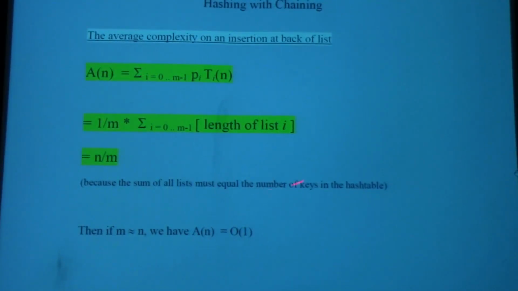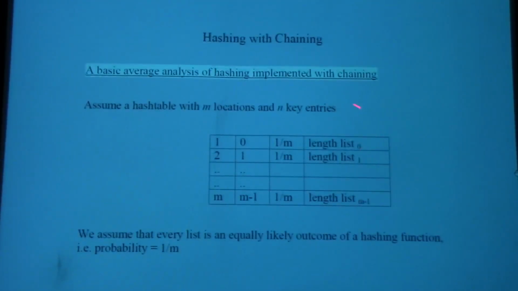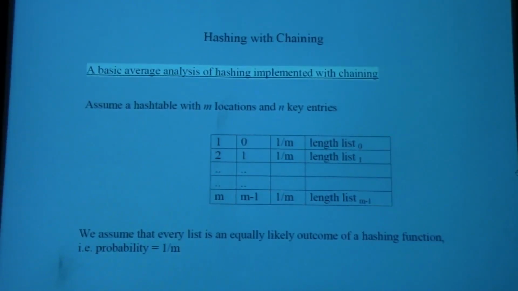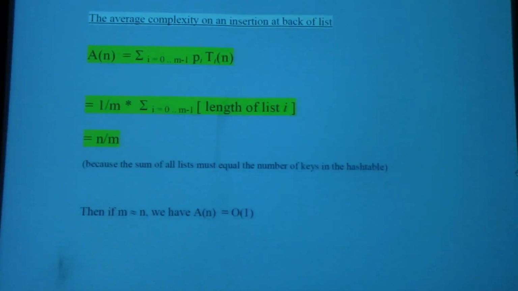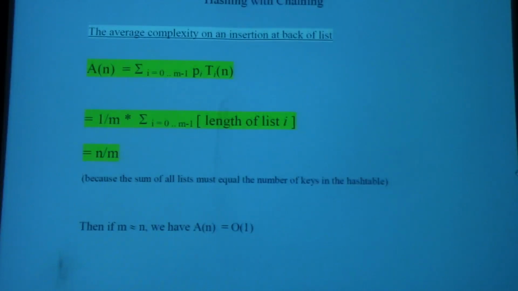So we have a very interesting result here. What it's showing us is that for hashing with chaining, as long as we can guarantee that our probability of selecting a list is random, equally likely, then we can guarantee that our performance is going to be constant time. So that's a good idea.